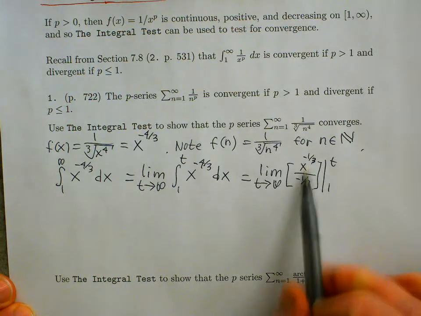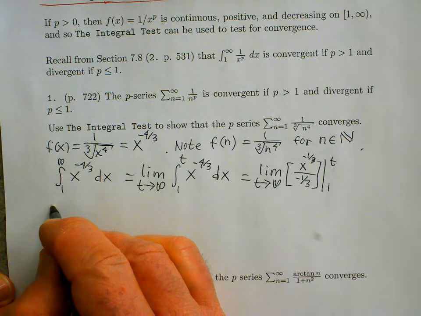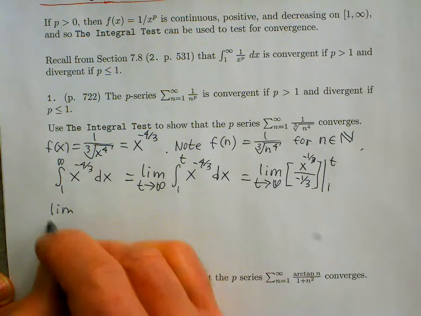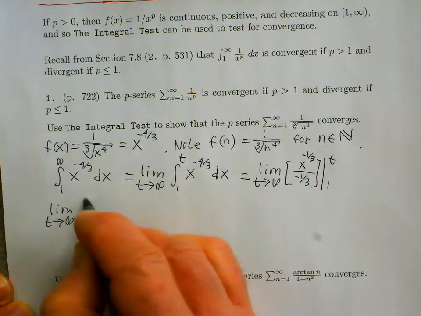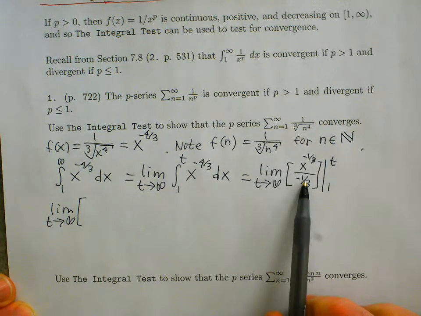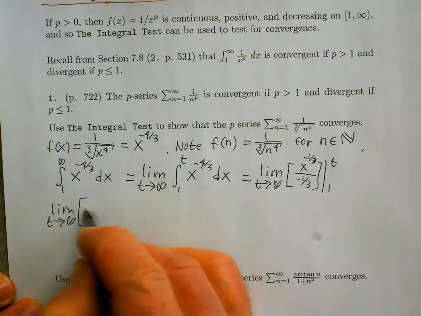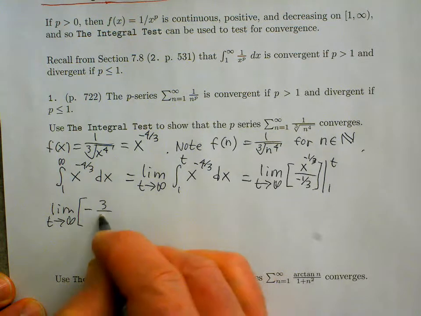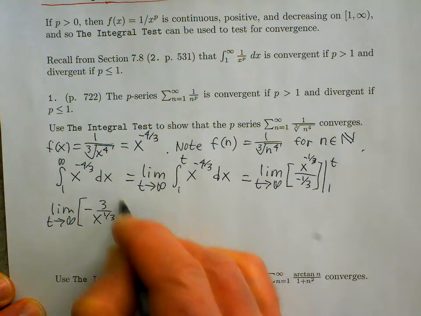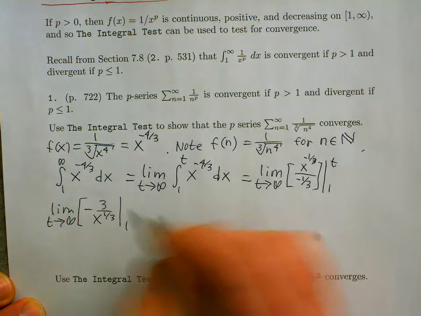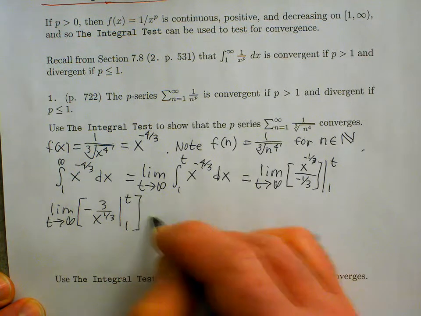So let's rewrite that expression first. The limit as t approaches infinity. A more convenient way to write this, at least in my opinion, is to write it as negative 3 over x to the positive 1/3. Evaluate this from 1 to t.